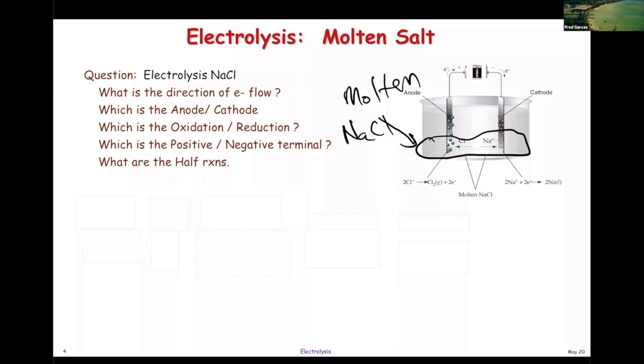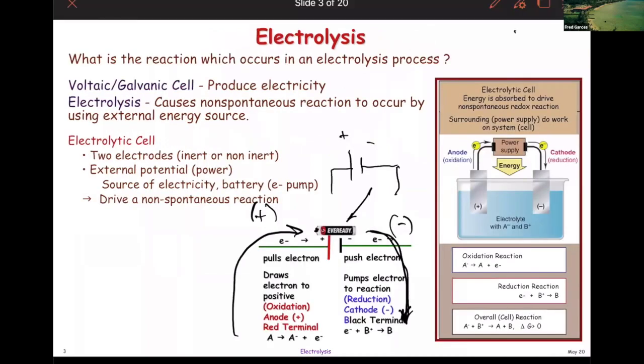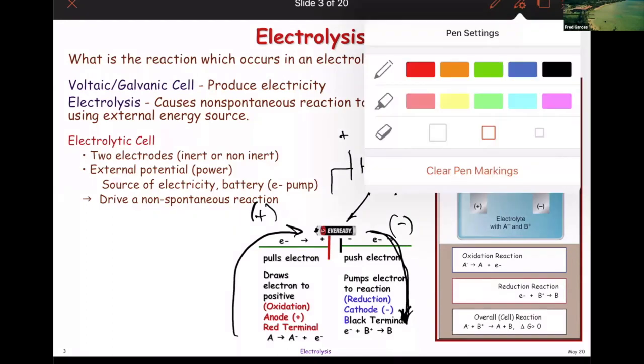There's a question here: if the electrons are being repelled by the negative side, should the arrow be going the other way? Let me go back real quick and clear this. So remember that we are driving a non-spontaneous reaction, but we still need electrons to flow.